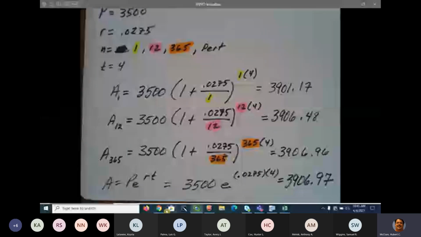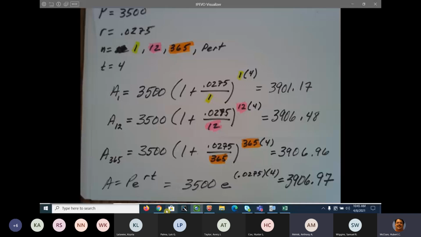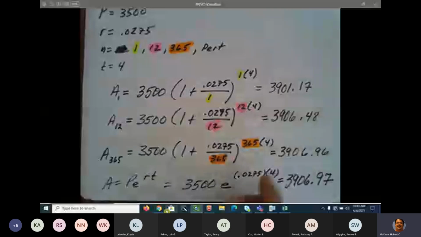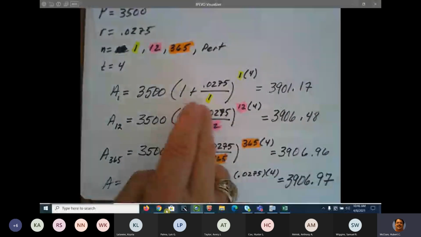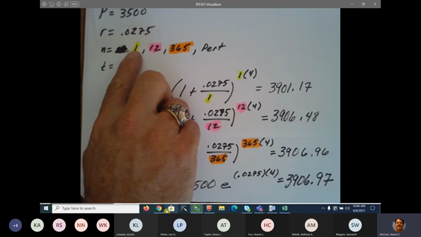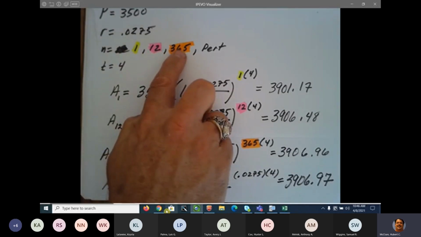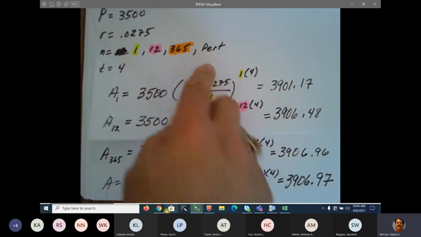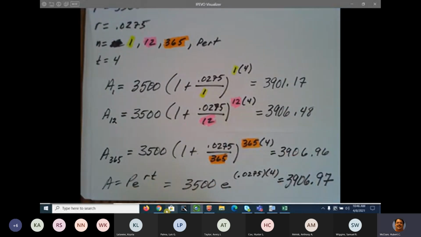Not much difference. That's what they're trying to get you to see. There's not much difference between the totals. Now, there's a $5 difference right there, but it doesn't matter whether you do compounded yearly, compounded monthly, compounded daily, which they don't do anymore, or continuous. You get the same amount of money at the end of what? 4 years.